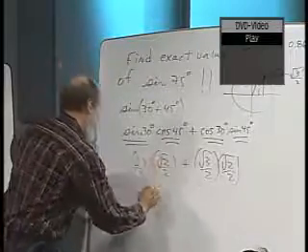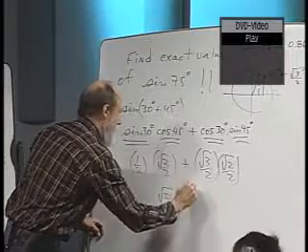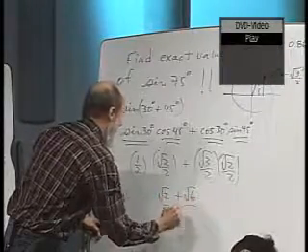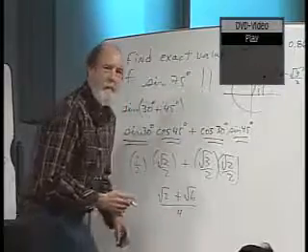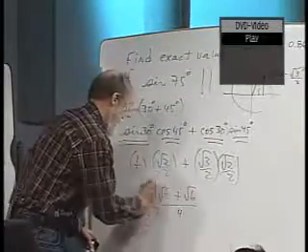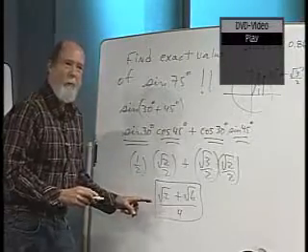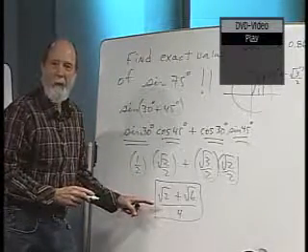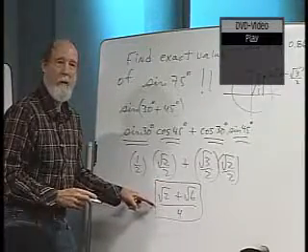Now you tidy this up, and we see square root of 2 plus square root of 6 over a common what? 4. There's an exact answer. If you open up to the back of a book on a problem like this, you might see the answer in a slightly different form.